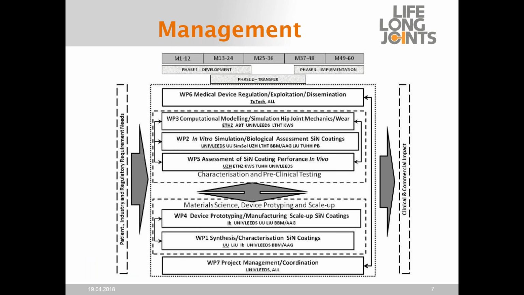Again, there is a series of work packages, as one might expect from a project of this size. The one that will interest you is work package 3, which looks at the computational modeling and simulation of hip joint mechanics. And we try, using this information, to predict the wear in these types of devices.